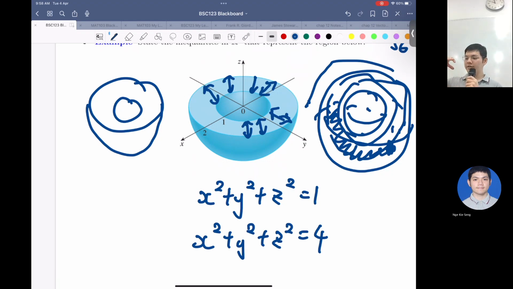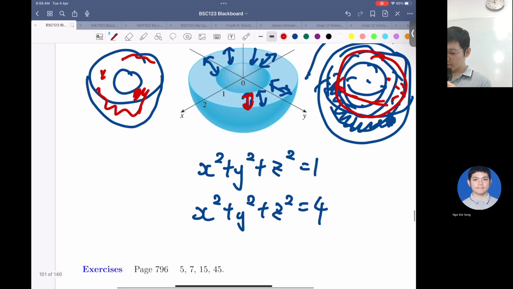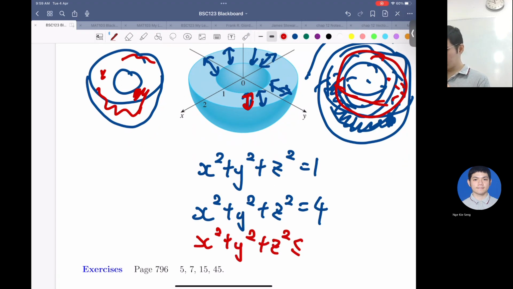We want every sphere between 1 and 4, to fill the space. So we take every sphere that is in between radius 1 and radius 4.